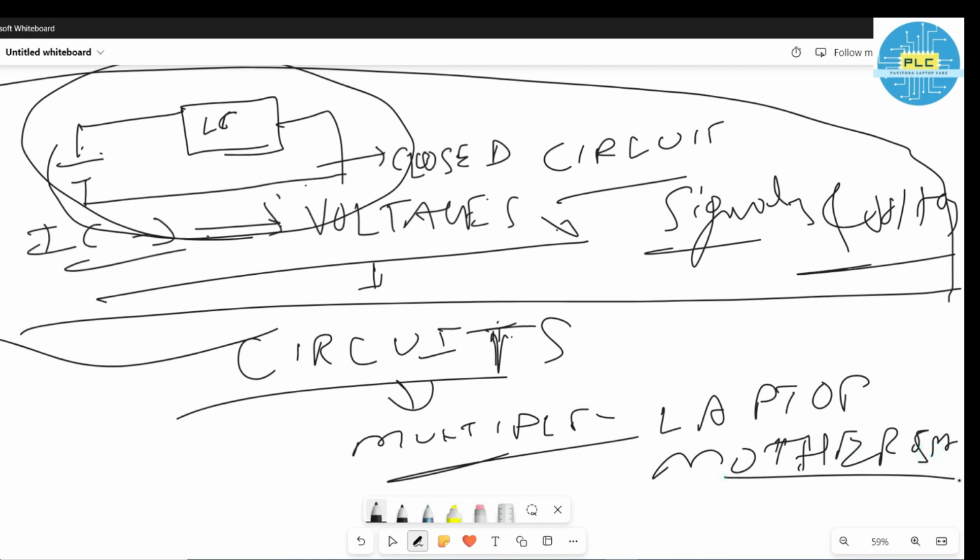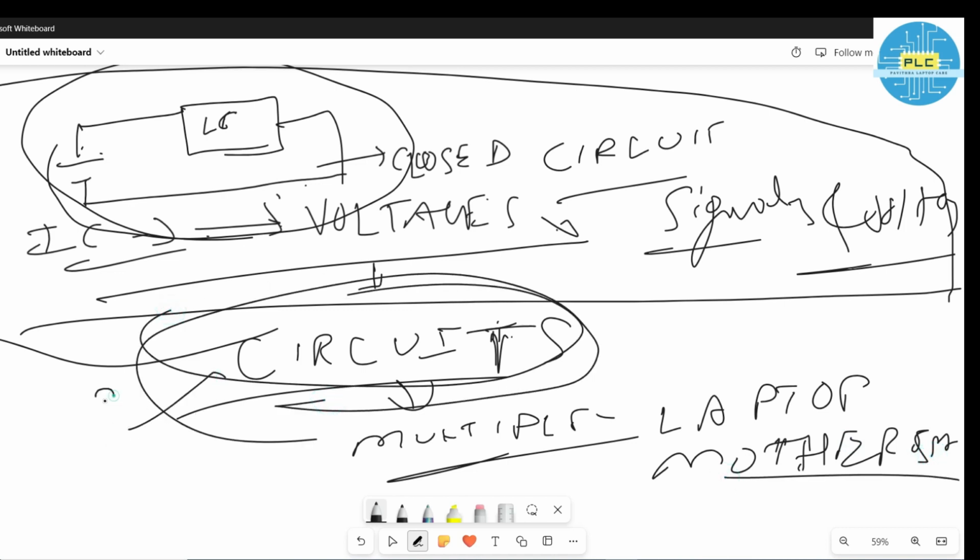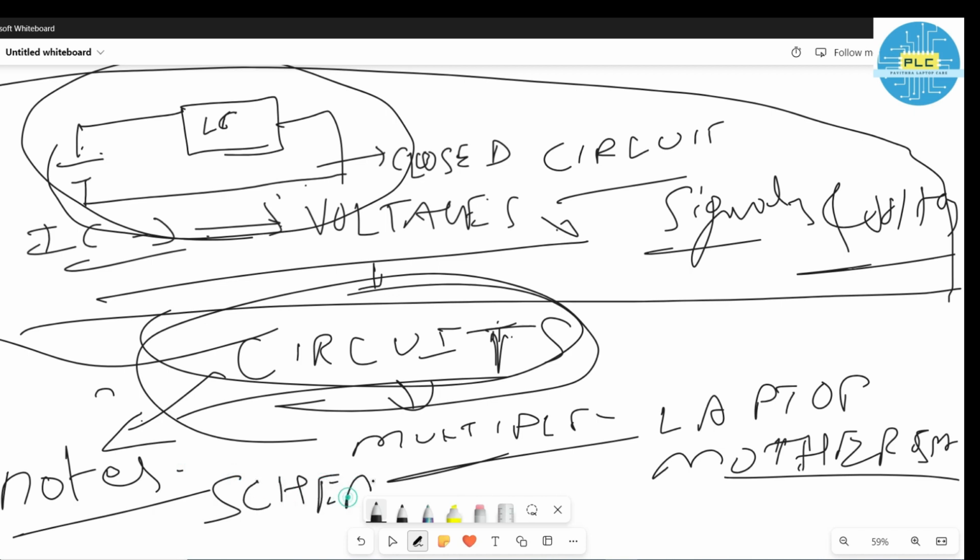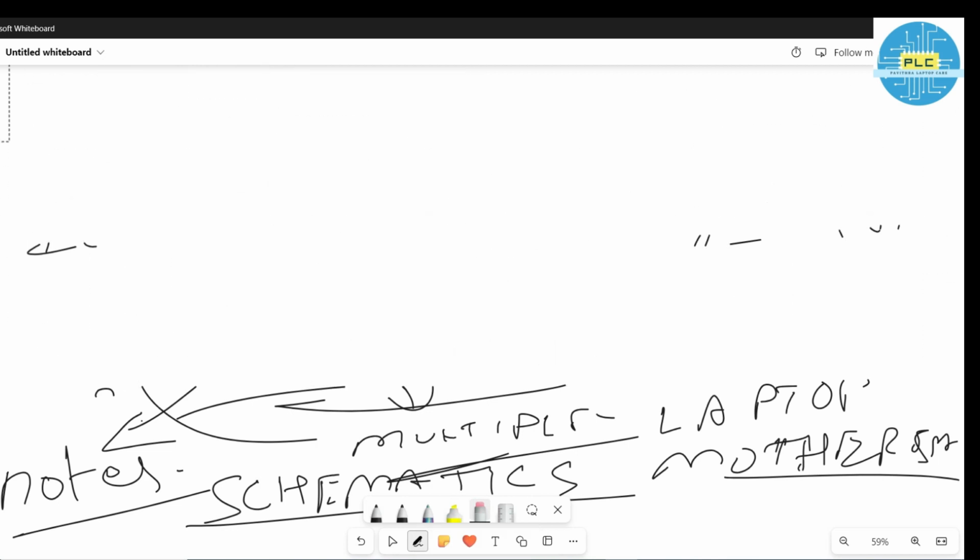To identify these loads, these circuits, we have notes that are called schematics. I'll rub this out and write.